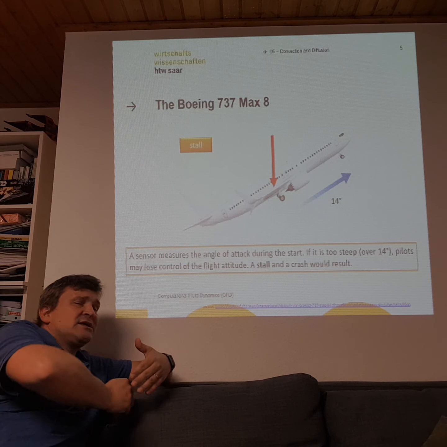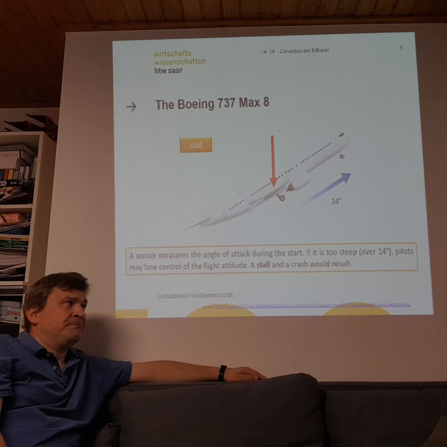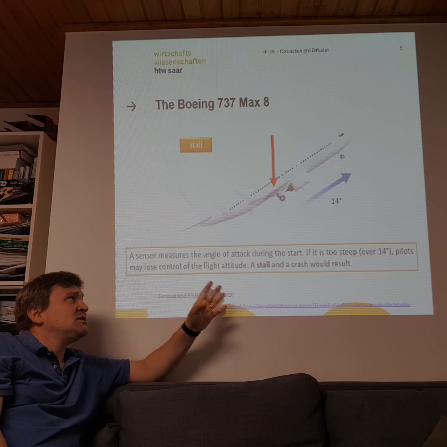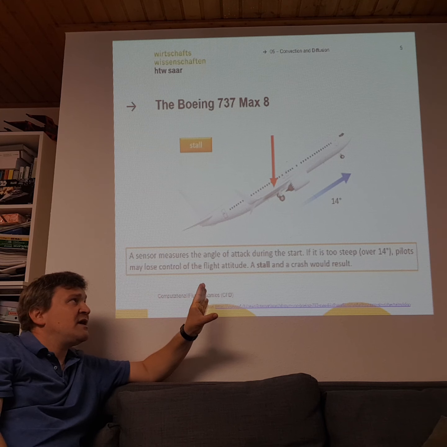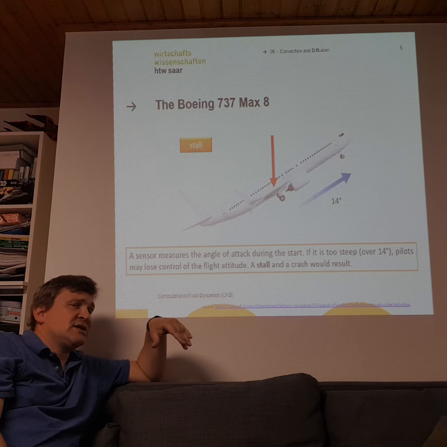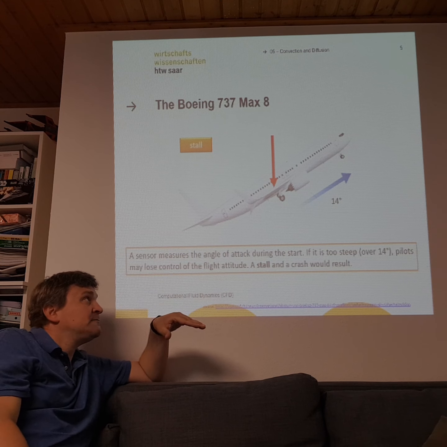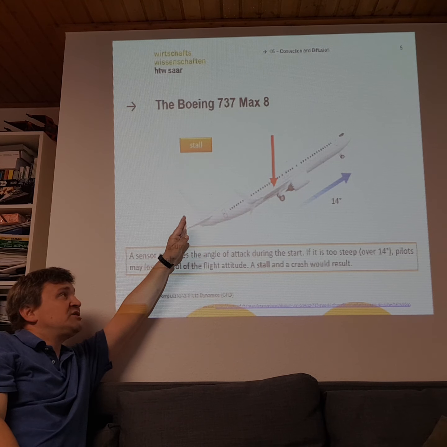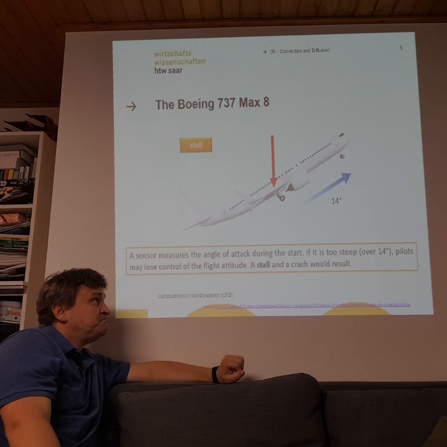They had to place it a little bit before the wing. And because of this effect, sometimes there was the danger of a stall effect, a little danger that the nose of the airplane could be shifted upwards a bit.